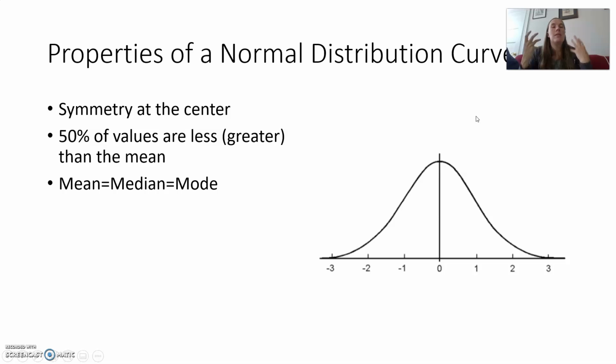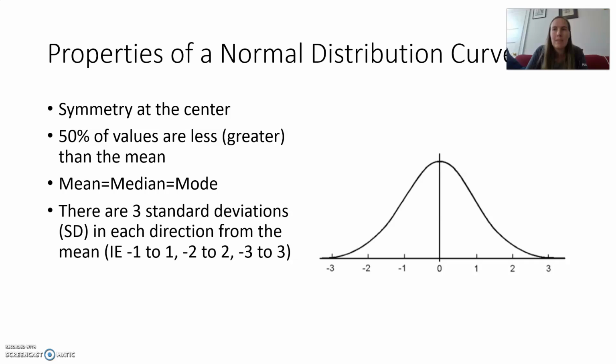Also, the mean equals the median, which equals the mode. That means at this center line, this value is the mean, so the average. It's the median, so the middle, and it's the mode because it has the most things. That is why it's so tall up here.